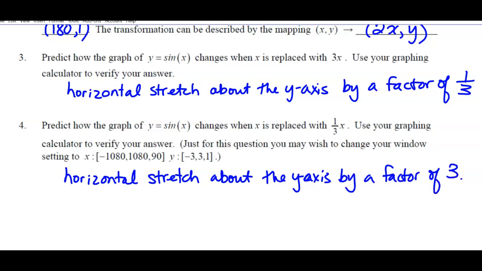So remember, horizontal transformations, when you're translating, it's the opposite of what you would think. If it's x replaced with x minus 3, you're going right. Opposite of what you would think when you think subtracting. That's because you're compensating for what subtracting 3 does. Here, if you have 1/3 x, you do the opposite of 1/3. It's multiplied by 3. Right? When you think about that.